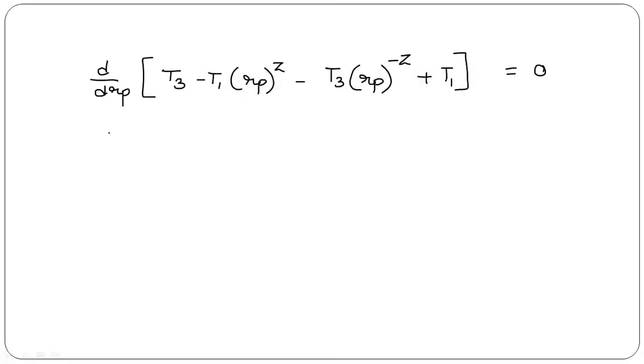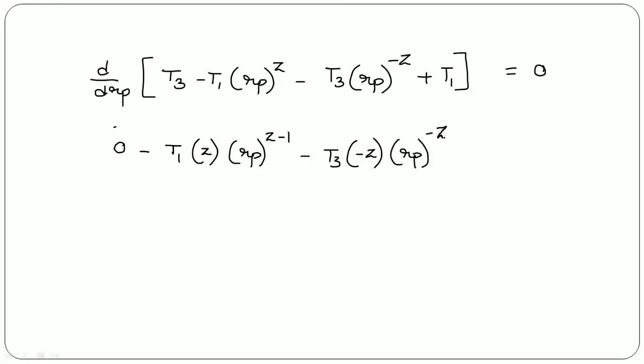Now on differentiation, this becomes 0 minus T1 into z into Rp to the power z minus 1, minus T3 into minus z into Rp to the power minus z minus 1, plus T1 will become 0 here.